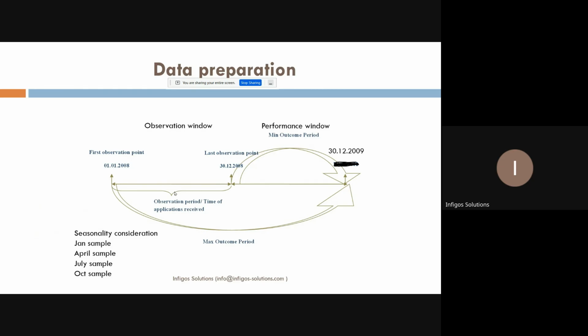This observation point could be 18 months, it could be 12 months, and then you have the maximum outcome period. Like from this date, you see the outcome window from here to here, how long it takes from one point to another point to reach this decision.